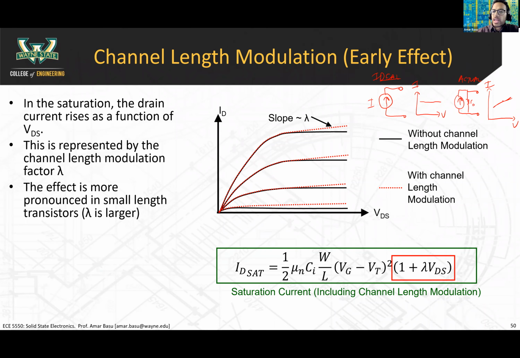So this is the implication of the channel length modulation effect. We would prefer it to be a flat line like this, but because of channel length modulation, it's not. And so if we wanted to make a current source out of it, we wouldn't get this ideal current source characteristic. We'd end up with something that looks more like this, with some RO.